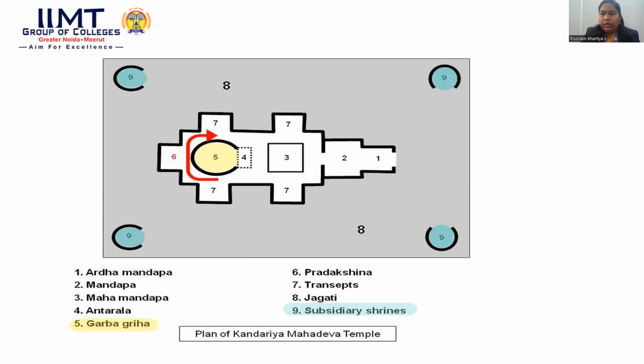So Mandap can be divided into 3 parts, and the 4th part is Antral. Antral is the gap between the Mandaps and the sanctum or Garbhagriha. Fifth part is Garbhagriha. Sixth part is Pradakshina. Pradakshina means walking around the temple. And seventh is transept steps, the extended form of the temple. And eighth is Jagati. 9 is subsidiary shrines. So this is basically the Panchayatan style of temple architecture.